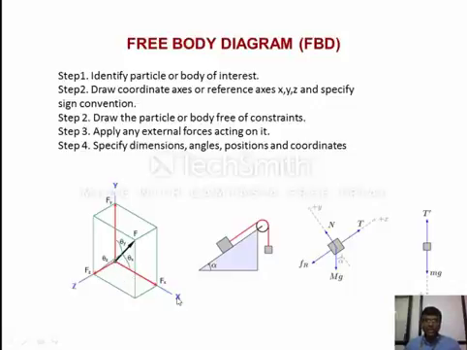From origin to x is positive, origin to y is positive, origin to z is positive. But if it is the other way around, if the force acts from y to origin or downwards, that is a negative direction. If it is from x to the origin, or away from that origin, that's negative, and similarly z to origin and the opposite axis is negative.